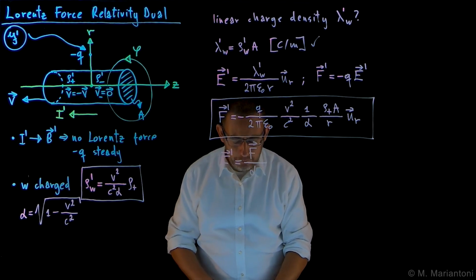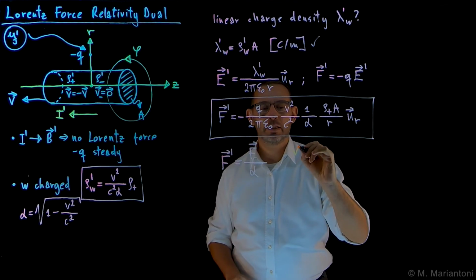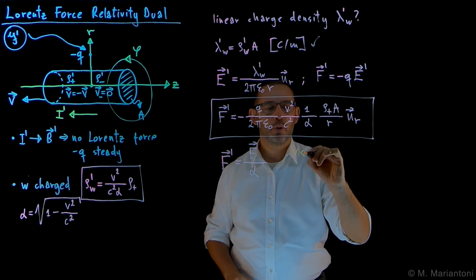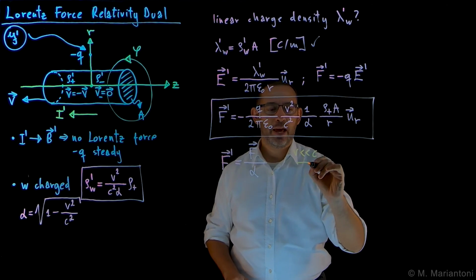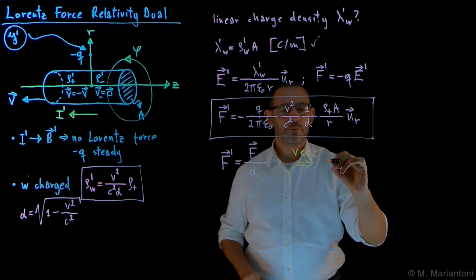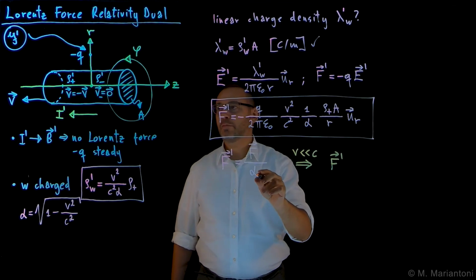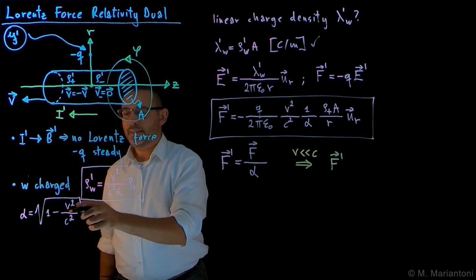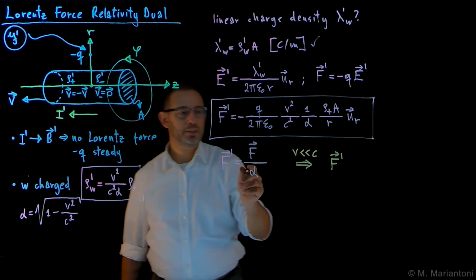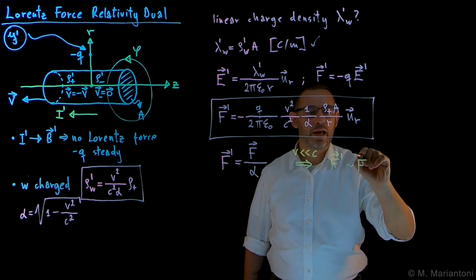Now, if you were to assume, for example, that the velocity of the particle is much smaller than the velocity of light, then you can simply convince yourself that F prime is approximately the same as F, because if I look at alpha, and consider v to be very small, so it's like 0, this gives me the square root of 1, so this is a factor of 1.